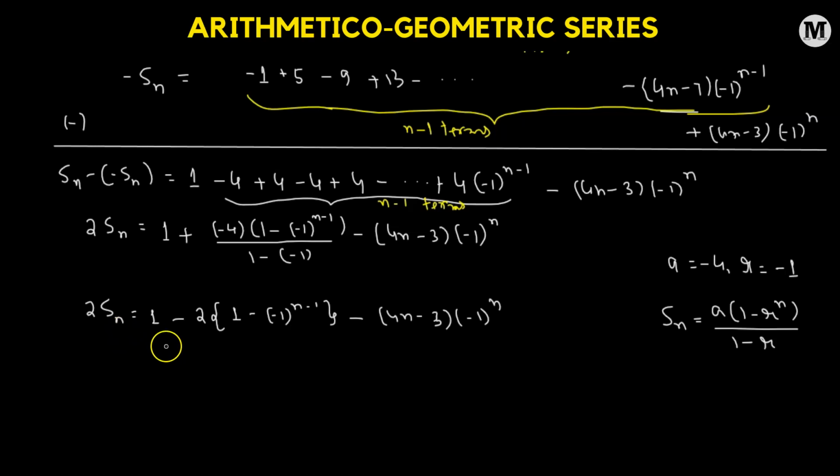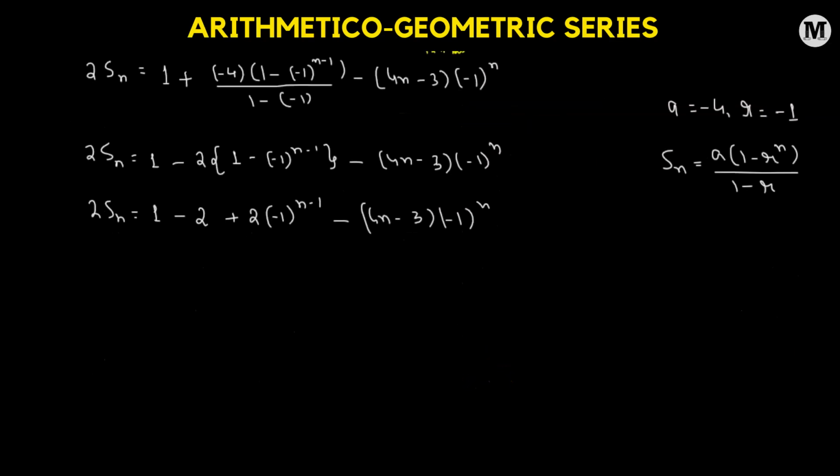Fine. Let's simplify furthermore. We have 1 minus the 2 times 1. That's going to be 2. -2 times negative, this will become positive. So we have 2 times -1 raised to the power of n minus 1. Minus, we have 4n minus 3 multiplied by -1 raised to the power of n.